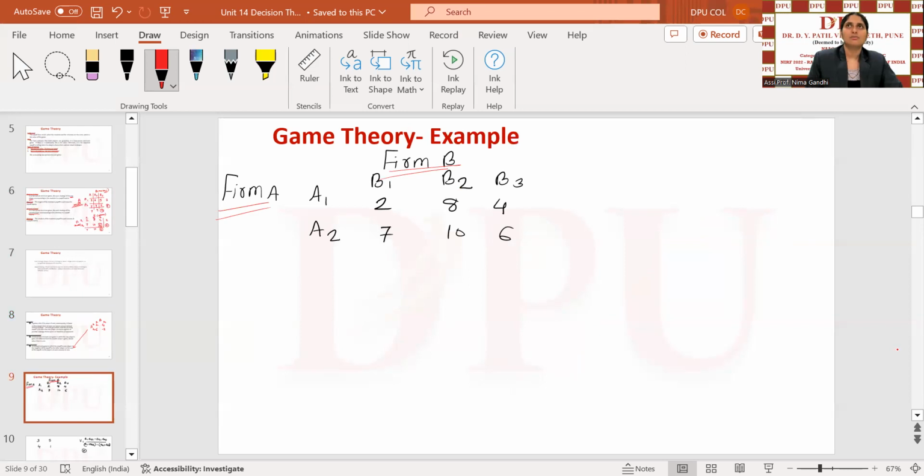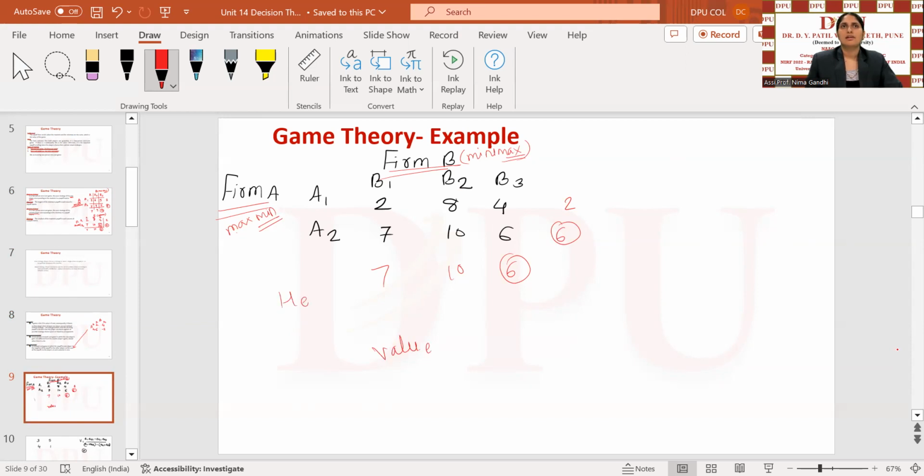For the row player, we use maximin. For the column player, we use minimax. Maximin, so you're choosing first the minimum, and then the maximum of the minimum. Minimax, so first you are choosing the maximum, and then you are choosing the minimum of the maximum. So you can say here the value of the game is 6.